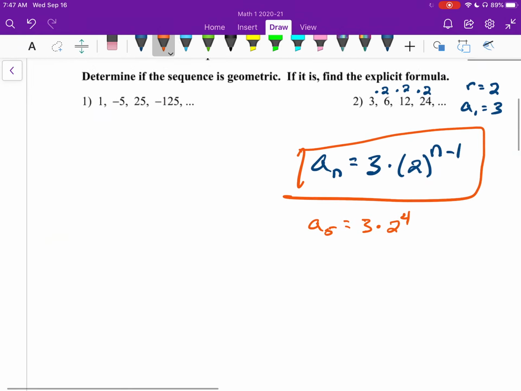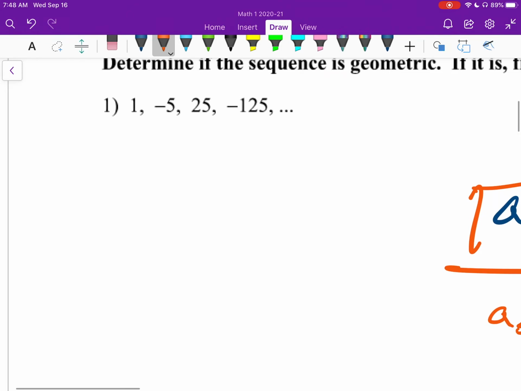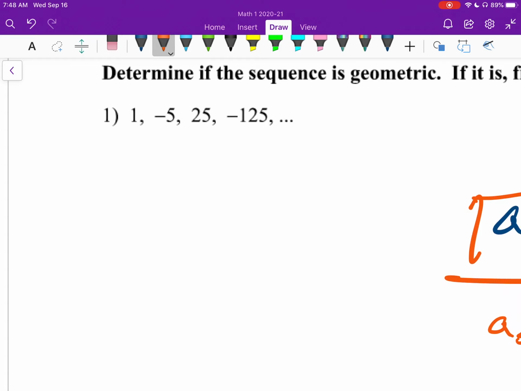All right, let's look at number 1 and see if we can make sense of this. A1 is 1. R equals, here we multiply by -5. Not -4, -5. So R is -5 here.